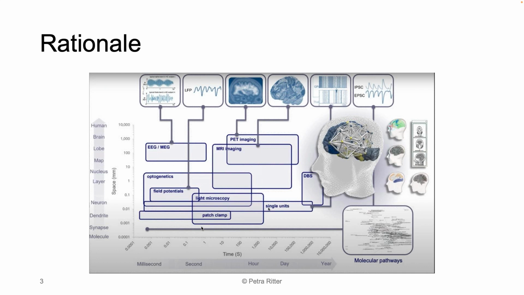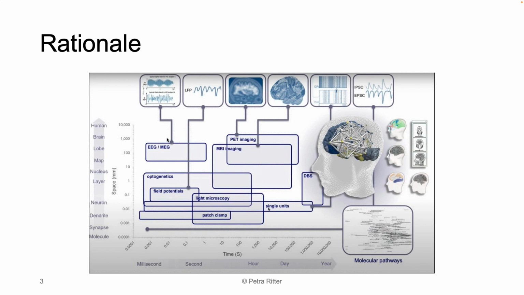How can we unify this, and how can we compare different scales? How can we link data from different modalities to each other, because they're all representing concepts of biology, basically? How can we integrate molecular pathways with data from physiological recordings, for example?